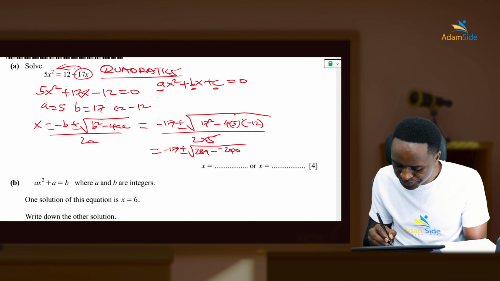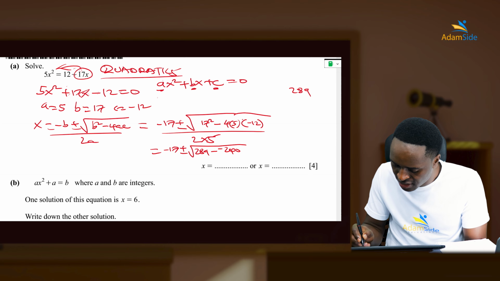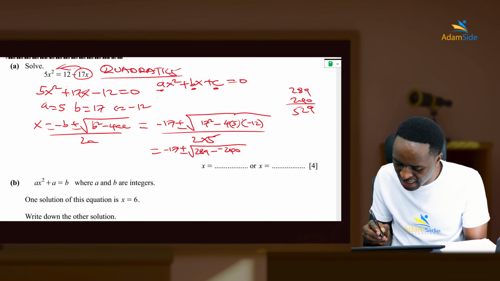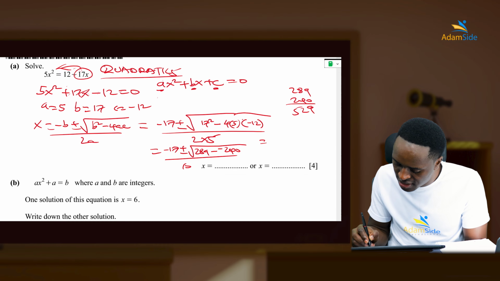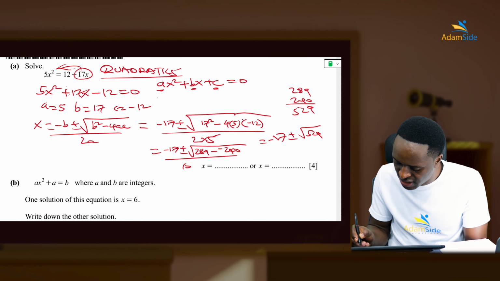When you add, 289 plus 240 is 529, correct, over 10. So you end up getting your answer as negative 17 plus or minus the square root of 529 over 10.